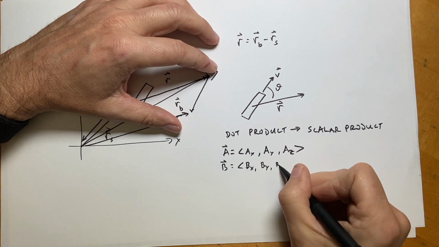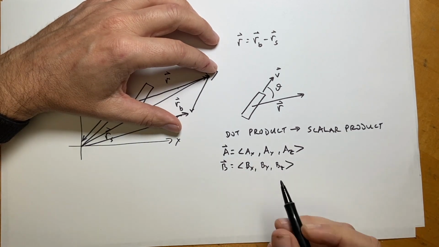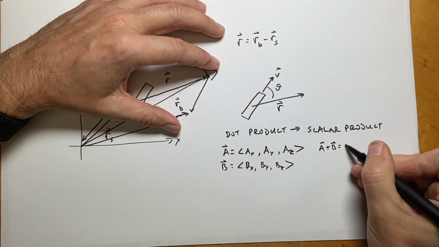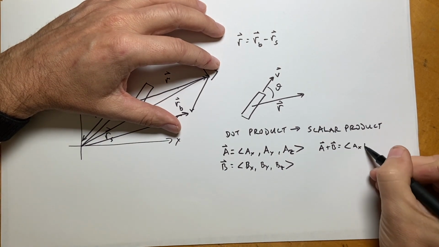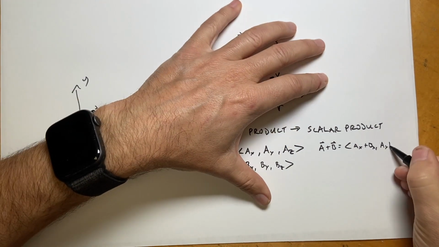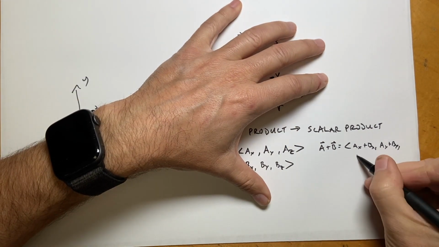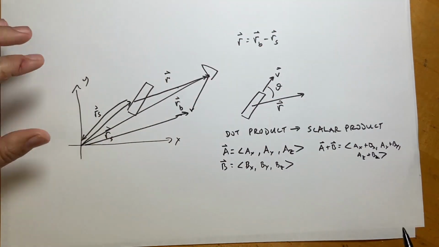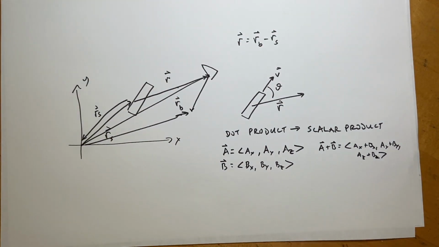Well, of course, I could do A plus B, and that would be the vector AX plus BX, AY plus BY, AZ plus BZ. So that's just vector addition. And you could do vector subtraction too.